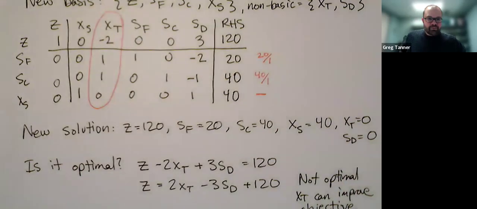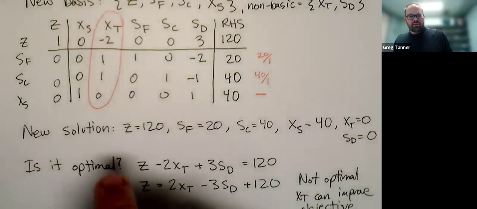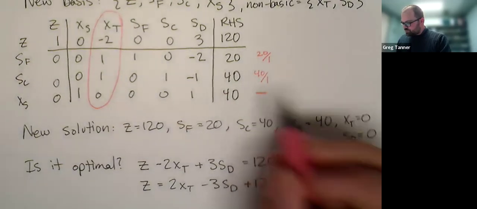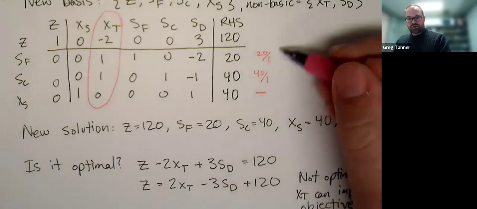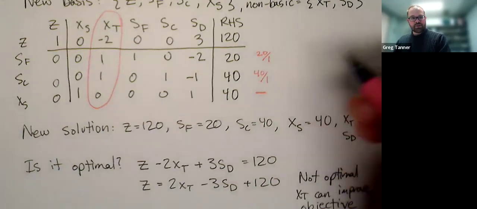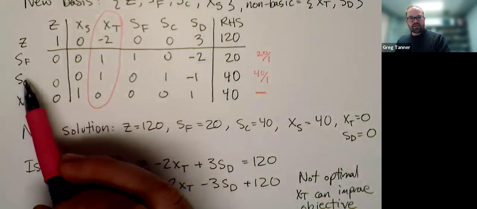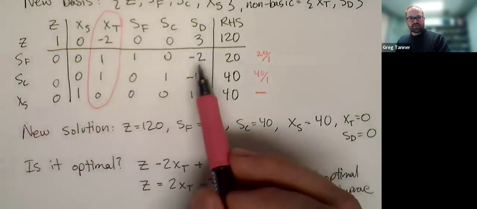That variable is not going to be driven to 0, so we're going to ignore that one. Now we choose the smaller of the two. So either SF or SC is going to leave.